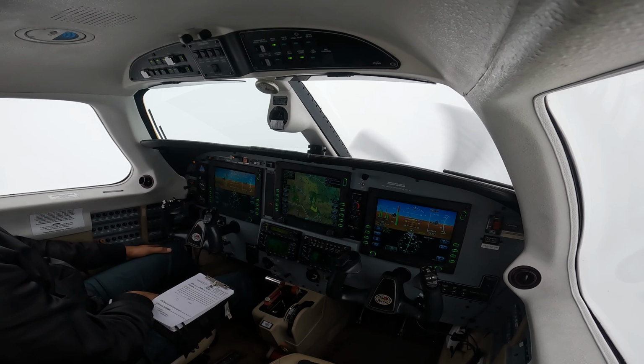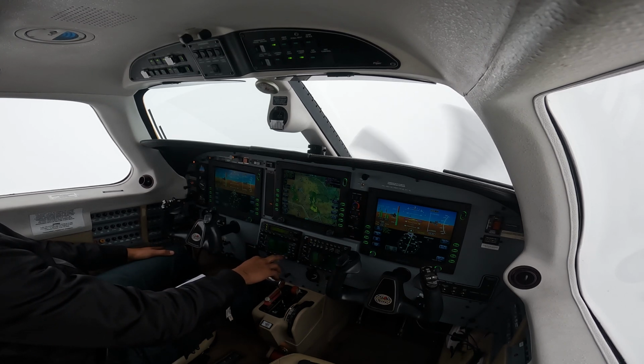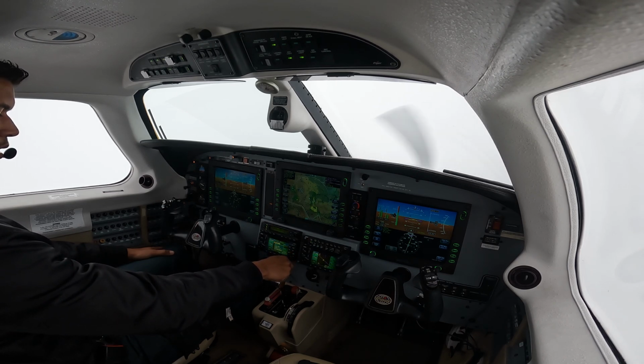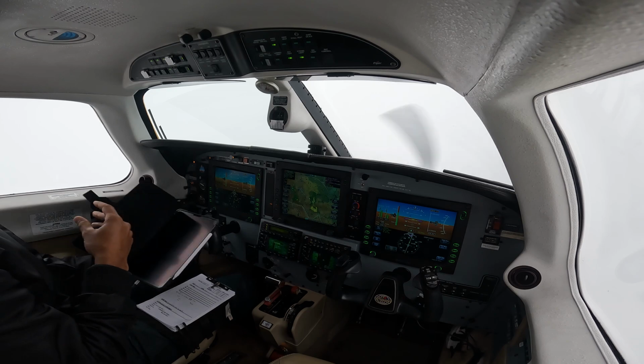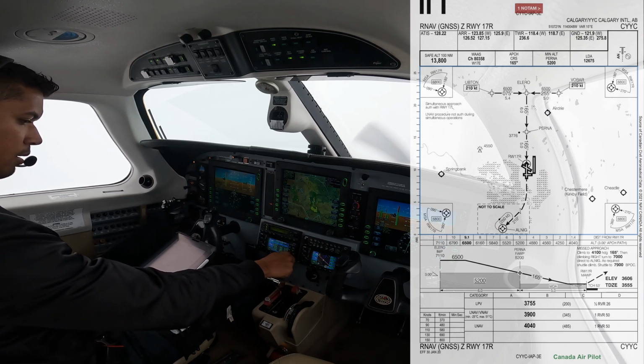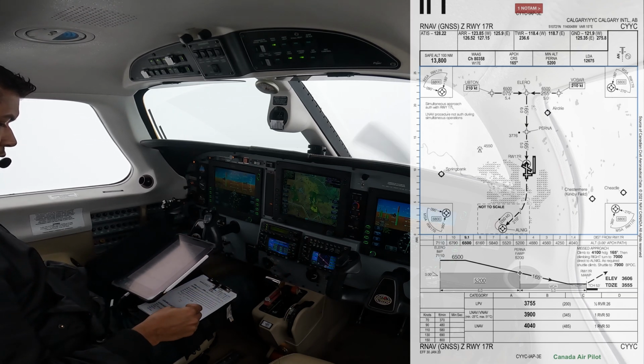Hotel Victor Mike, roger. Alright, plan 17 right now. I want to go ahead and load the RNAV 17 right, the RNAV Zulu via Vobar. Most likely I'm just going to do vectors to final and use it as a guide for my approach course.